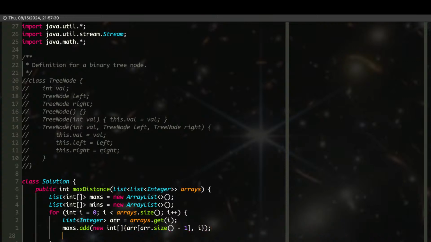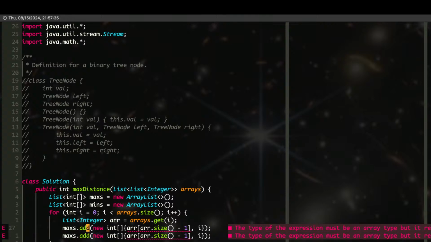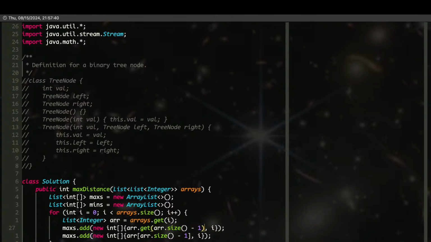Okay, and then we're gonna do almost the same for the min. Dot get, this is going to be min, and this is going to be 0. Okay, and then we can say maxes.sort. Actually, it doesn't really matter. We can just go right to left.